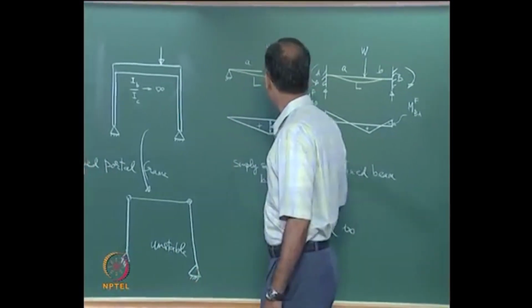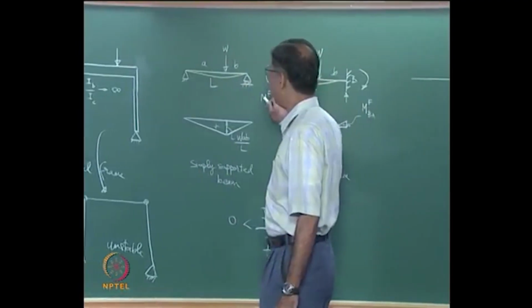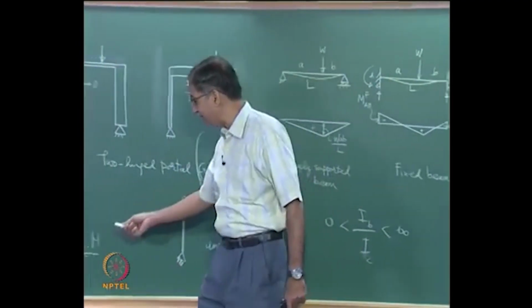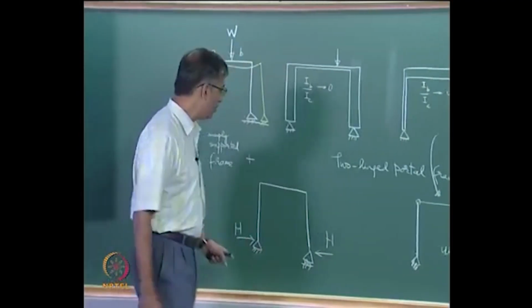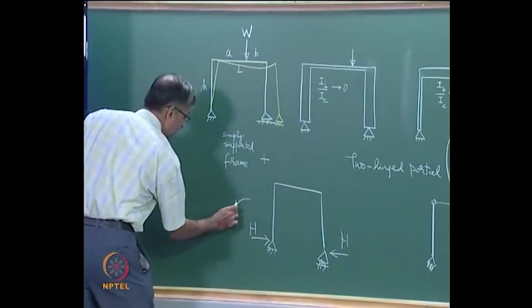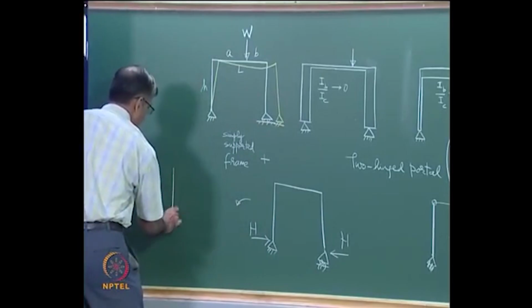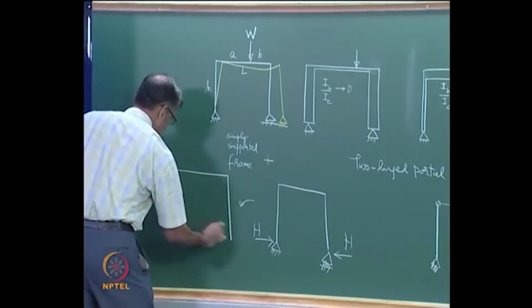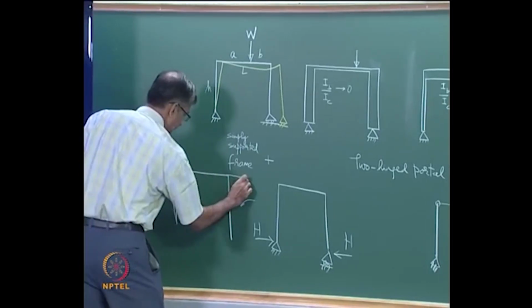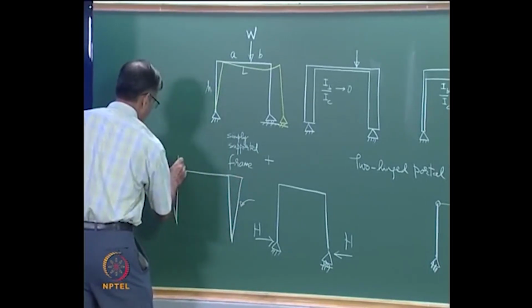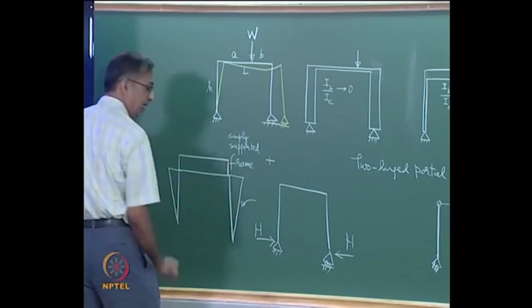These two moments have to be equal in this situation because that is nothing but H into h. The bending moment you get from this diagram will look like this. Do you agree?